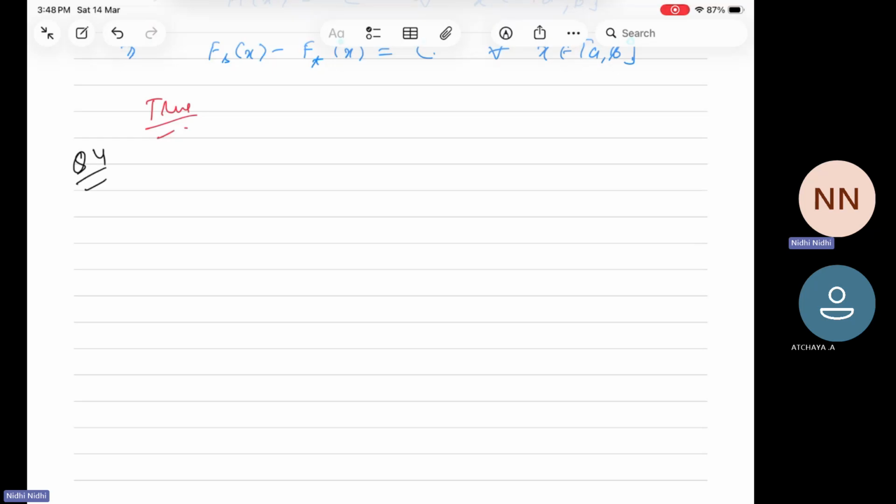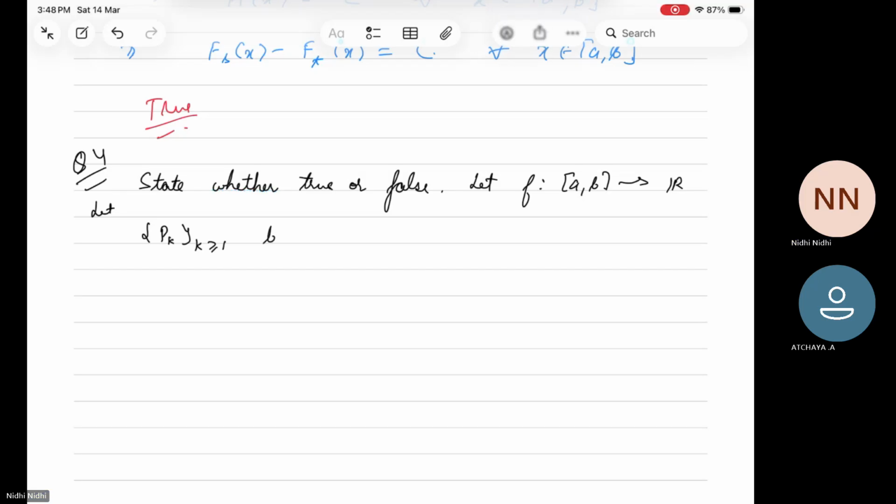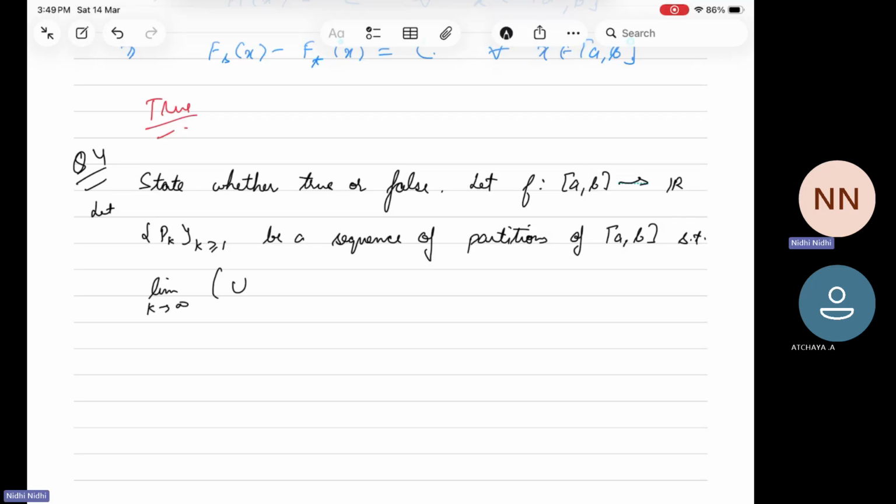Again, state whether true or false. Let f be a function defined from the closed interval [a, b] to R, and let P_k be a sequence of partitions of the closed interval [a, b], such that the limit as k tends to infinity of U(P_k, f) minus L(P_k, f) is equal to 0.